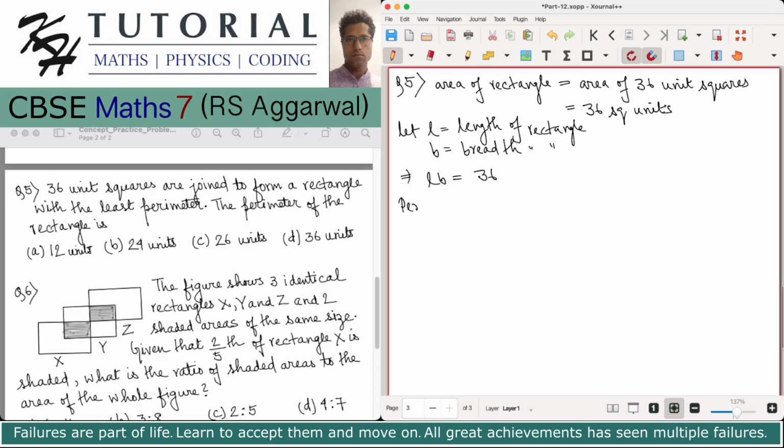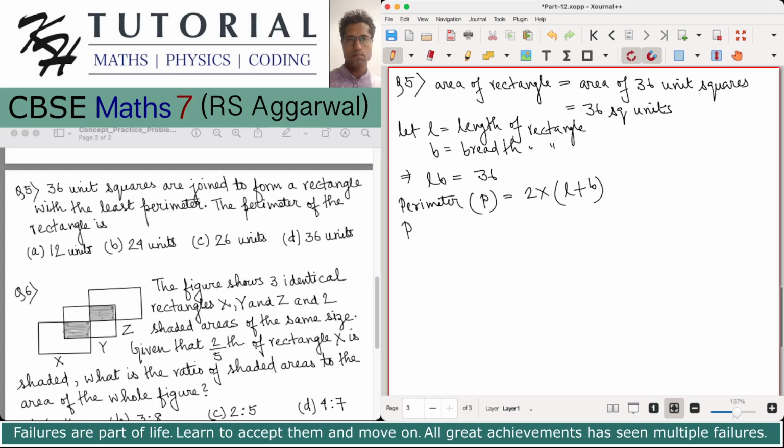The perimeter P will be equal to 2 multiplied by L plus B. The idea is what values we can give to L and B such that L into B is 36, and the perimeter, 2 into L plus B, is least.